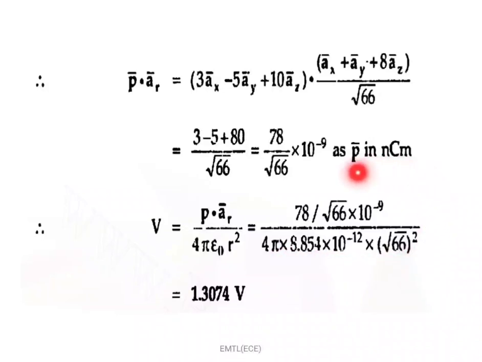Now by calculating this value, finally we get the potential at the point as 1.3074 volt.